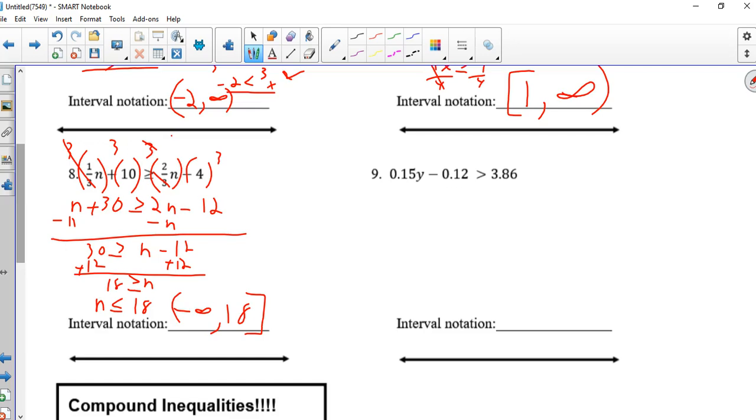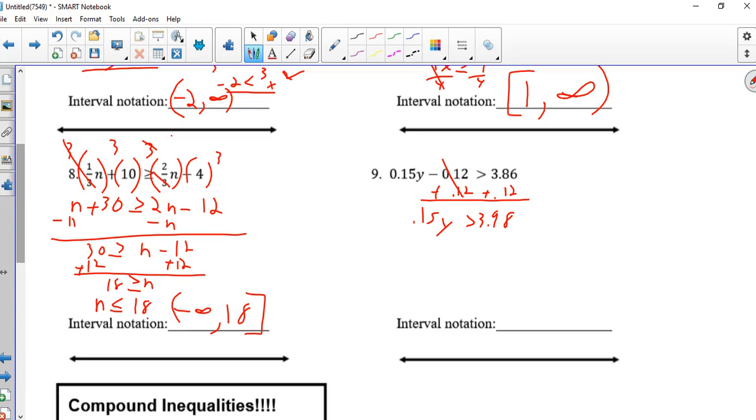Okay, so I'm going to get rid of my decimal by adding 0.12, which gives me 0.15y is greater than 3.98. Now all I'm going to do is divide by 0.15.